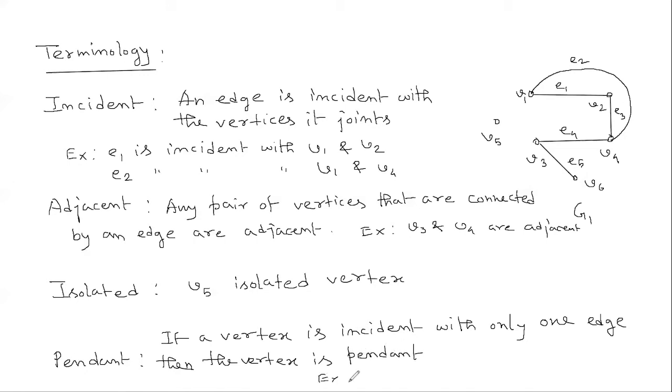Here we have a pendant vertex which is V6. V6 is a pendant vertex.